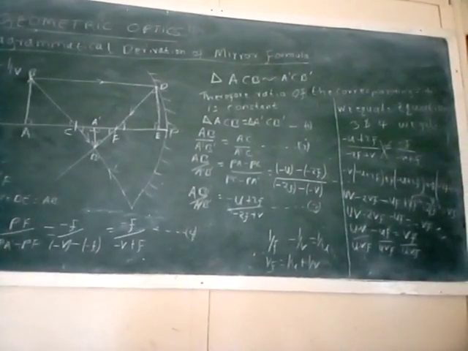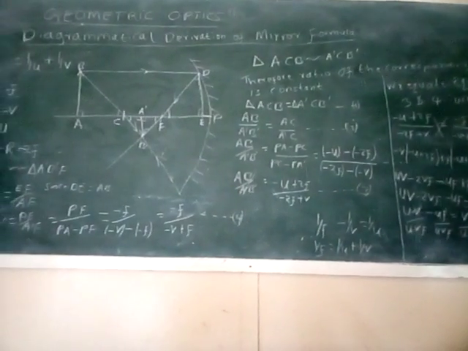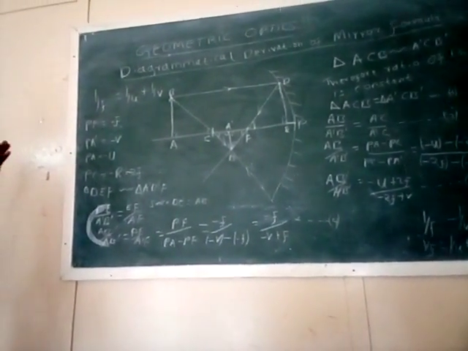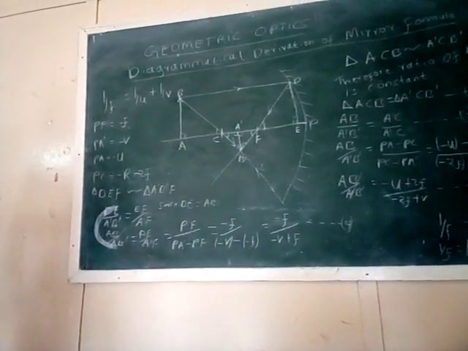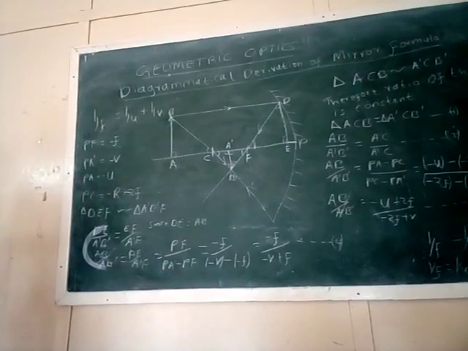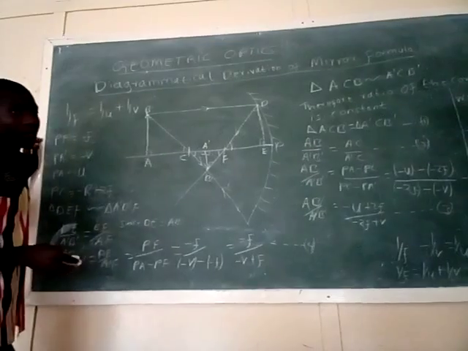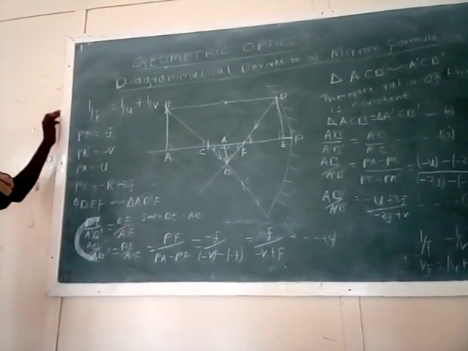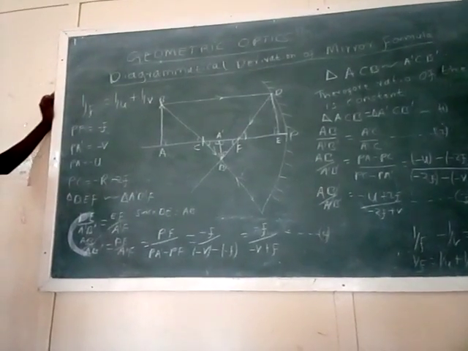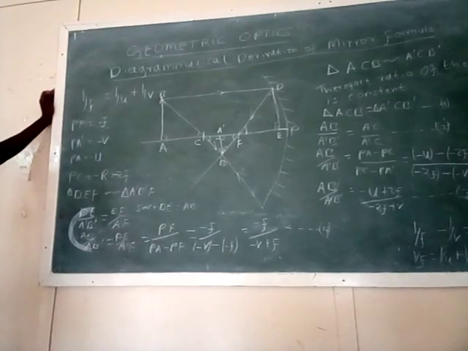So we said mirror formula, lens formula, and another one is the relationship between refractive index and angle of the prism. That is just another one that you also need to know, so that you prepare for it. In any case, you will be able to go through it.